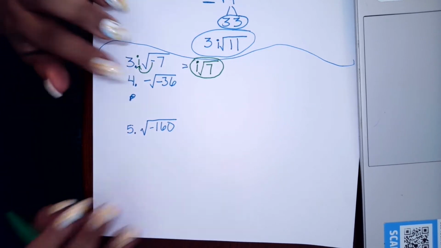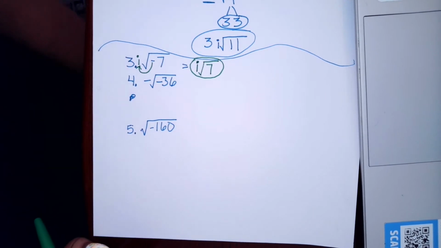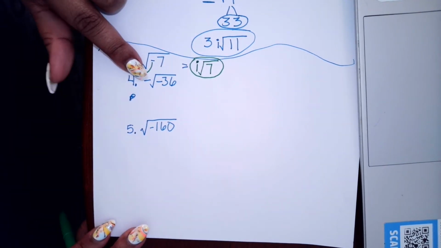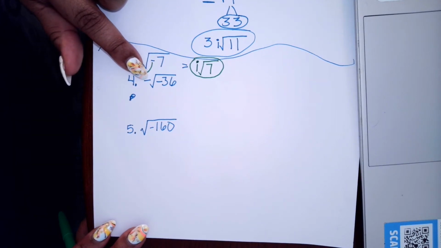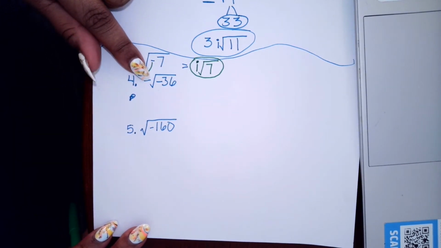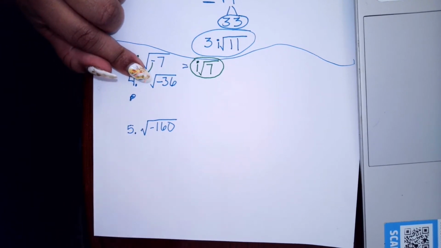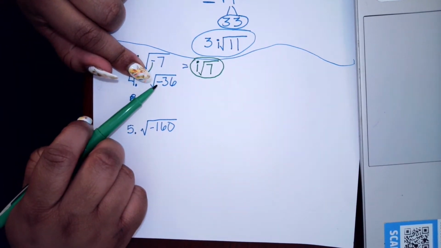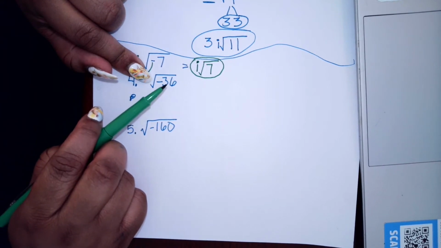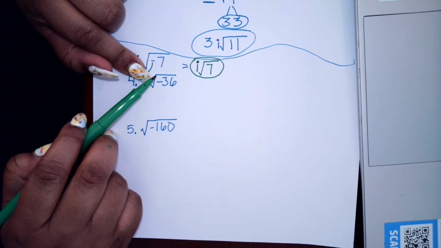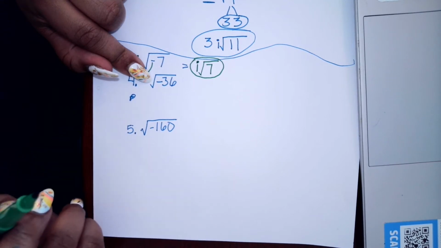Number 4 looks trickier than it is, honestly. It looks weird because there's 2 negatives. However, our goal and what we're focused on is not this negative right now. We're more focused on the negative that's going to give us problems when we try to get the square root of it.